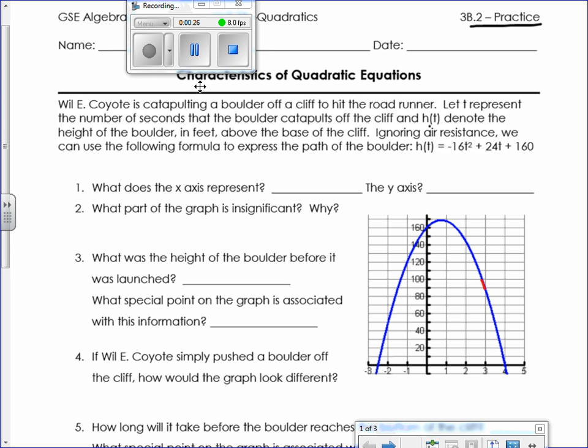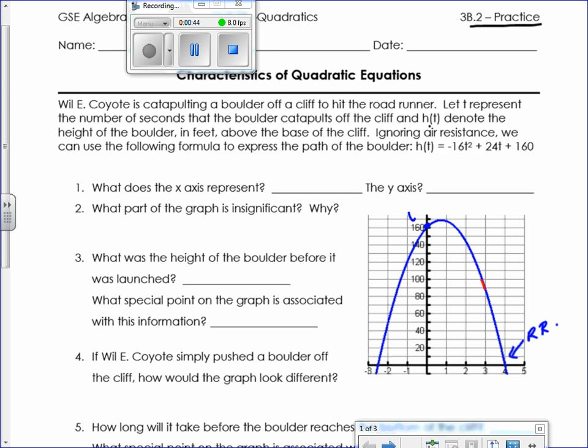It says Wile E. Coyote, I hope you recognize that character from the cartoons, is catapulting a boulder off a cliff to hit the roadrunner. So Wile E. Coyote is up here at the top of the cliff, and the roadrunner is somewhere down here.